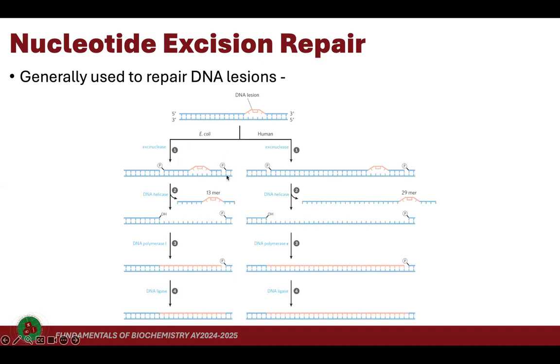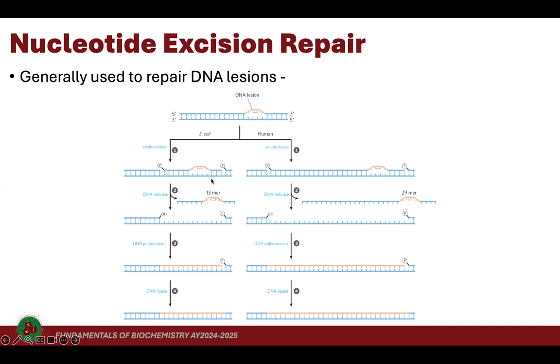In E. coli, it cleaves up to 5 bases away from the lesion downstream and up to 8 bases upstream to the lesion. And then the DNA helicase removes this because it needs to unwind, right?